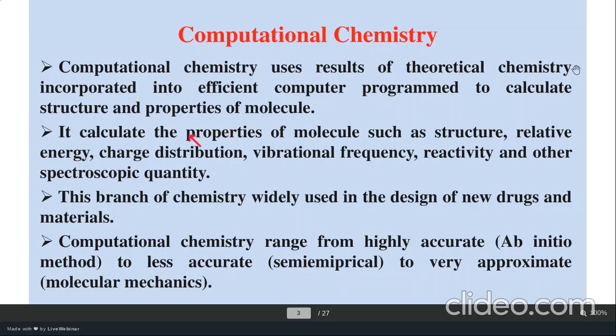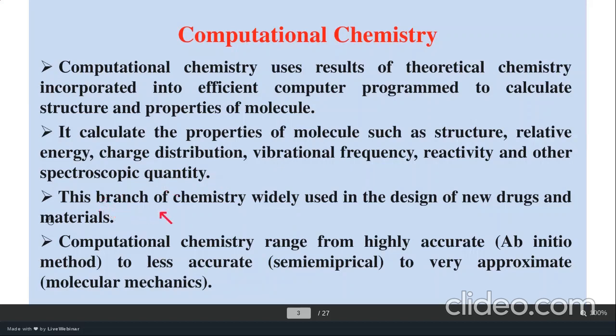After that, it calculates the properties of the molecule such as structure, relative energy, charge distribution, vibrational frequency, reactivity, and other spectroscopic quantities. Like we can calculate from this method the IR spectra, the Raman spectra, the UV spectra by using some software and giving some input file to our software GaussView.